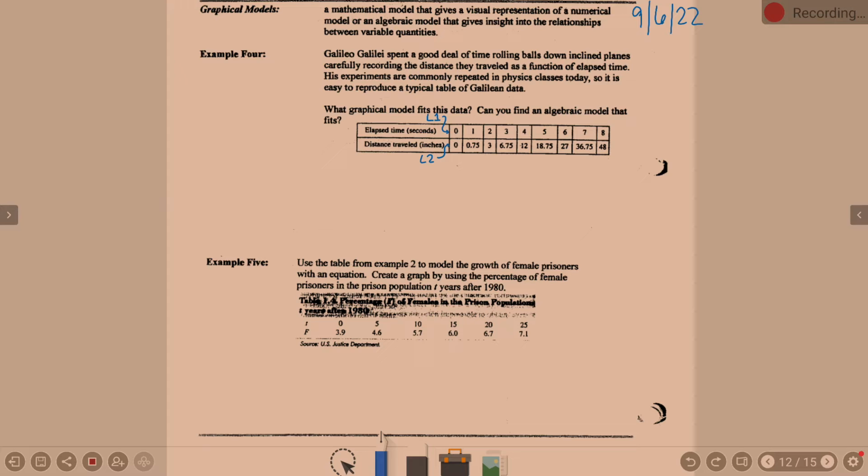So this is when I went into window, and I changed some values. I don't have anything negative, so I never need to go below 0. So I changed my x-min to 0. I think I left my x-max at 10. My y-min, again, I don't have negative, so I changed my y-minimum to 0. How far do my y's go? They go up to 48, so I probably put 50 in.